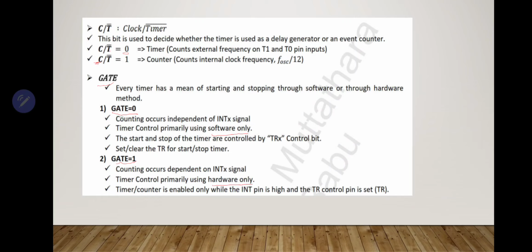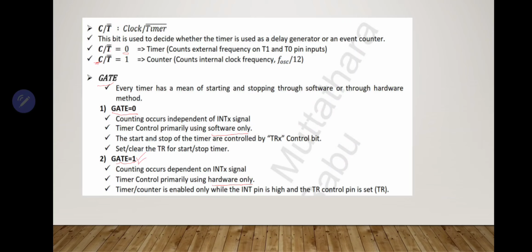So gate equal to 0 means the hardware timer is not used, then the software timer is being used. If gate equals 1, then the hardware timer or counter is being used. If gate equals 0, software is used for time control, so it is the responsibility of the processor to give timer delays, event counting, etc. If gate equals 1, then it is the duty of timer 0 and timer 1 to provide timer and counter control.